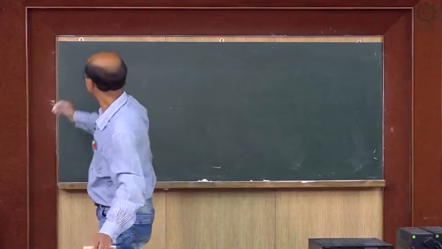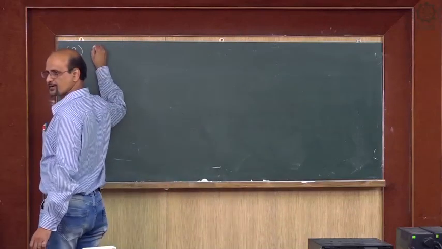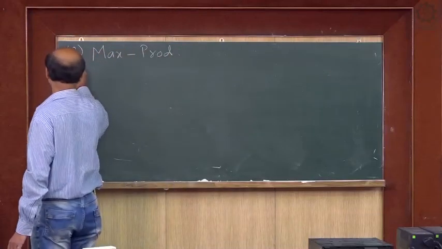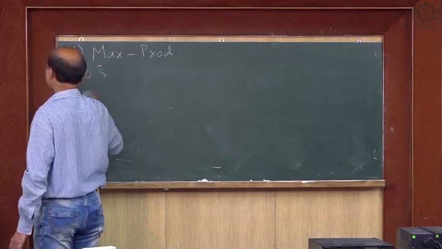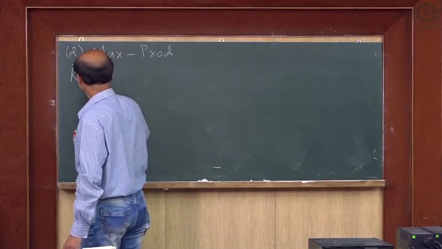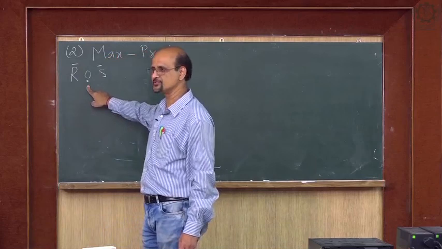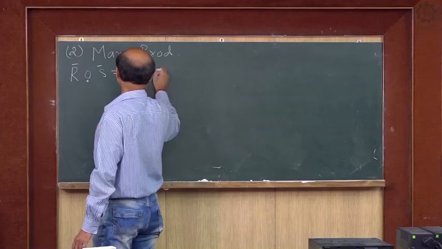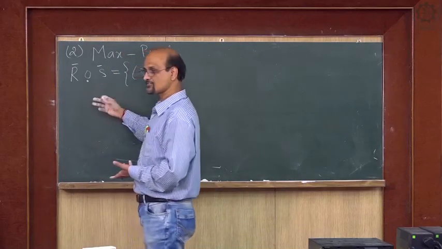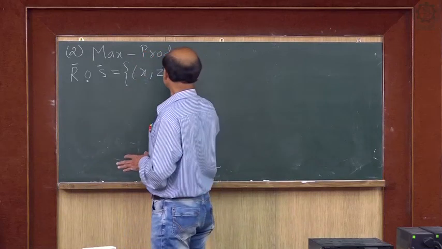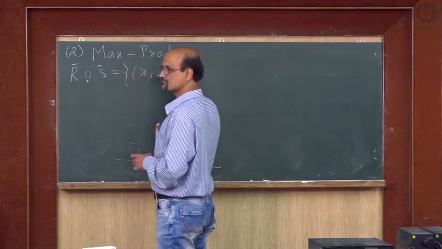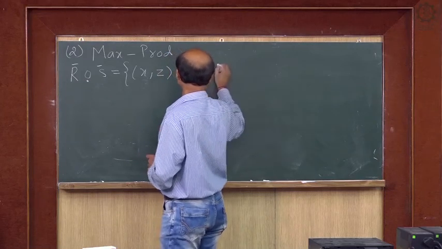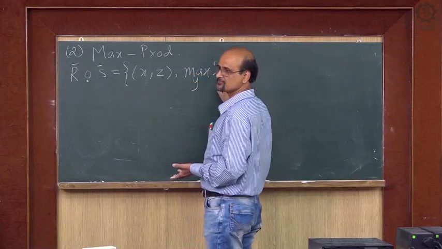So, the second one was max product. So, here it is defined as R bar dot S bar, and because it is product, I am writing a dot below to distinguish. Okay? It is equal to x z, because after composition it will be from x to z, and max product. So, we will take max on y and then the product of the membership functions.